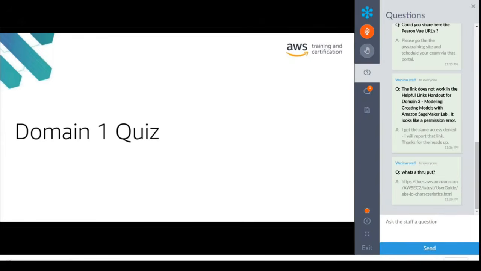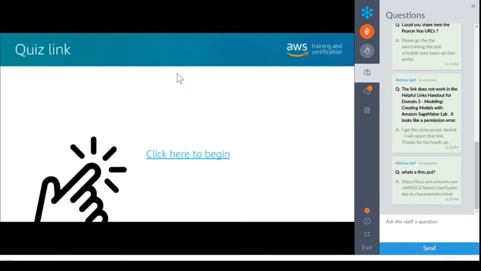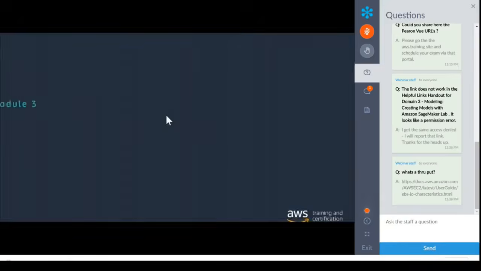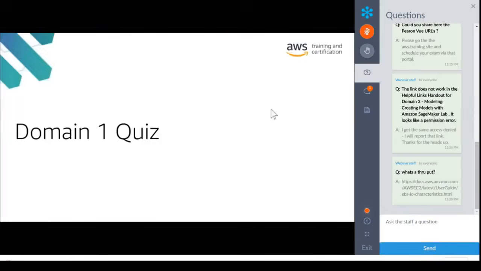I just have to copy and paste this out of Microsoft Word. All right, I'm going to paste the link into the chat. Hopefully you've all found where the chat is in the interface. And obviously you can't click my screen to begin, so don't try to click the screen, it's not going to work.